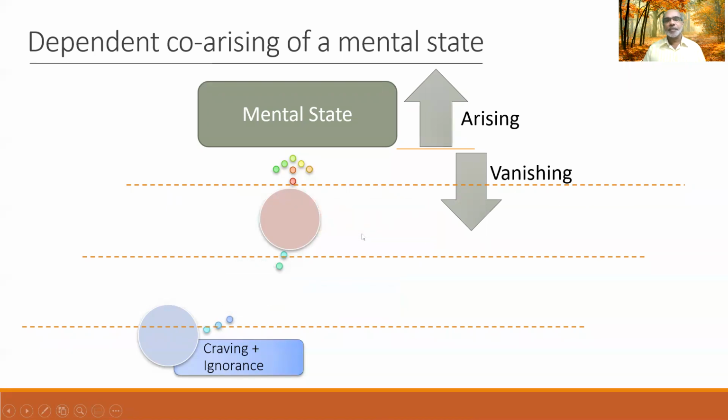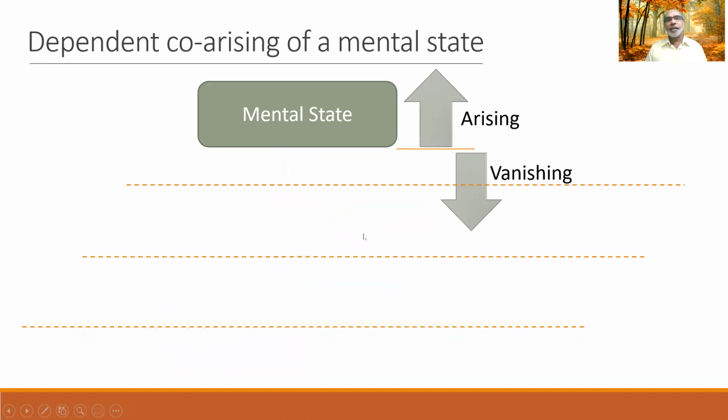Each one of them, when they are absent, the mental state can't remain. When the causes are absent, the effect, which is the mental state, cannot remain, and therefore it will pass away or vanish. Hope that logic is clear to you.